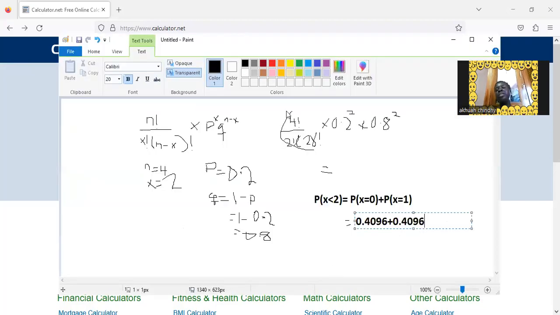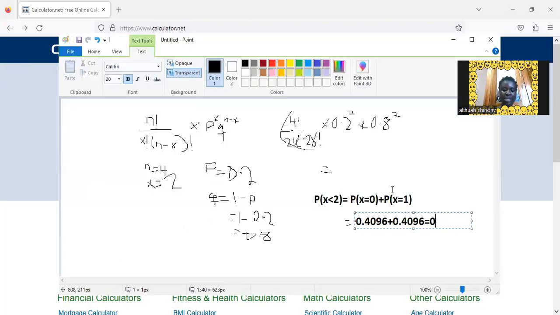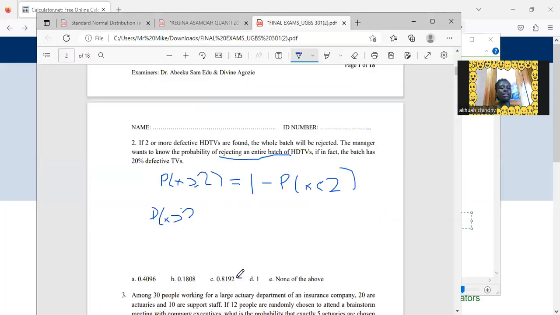We have 0.8192. So let's look at the answer and see whether we get 0.8192. Yes.